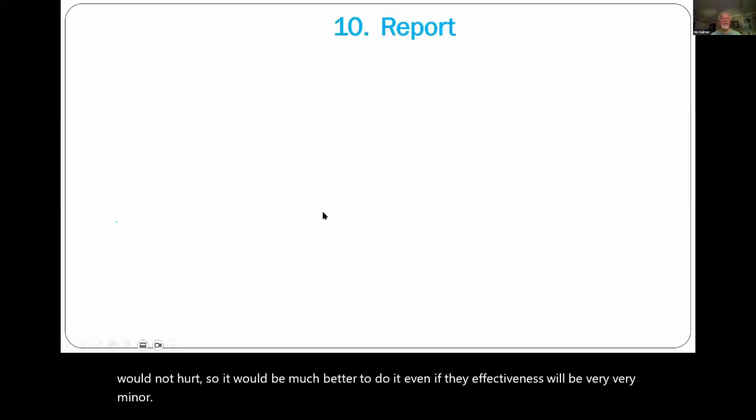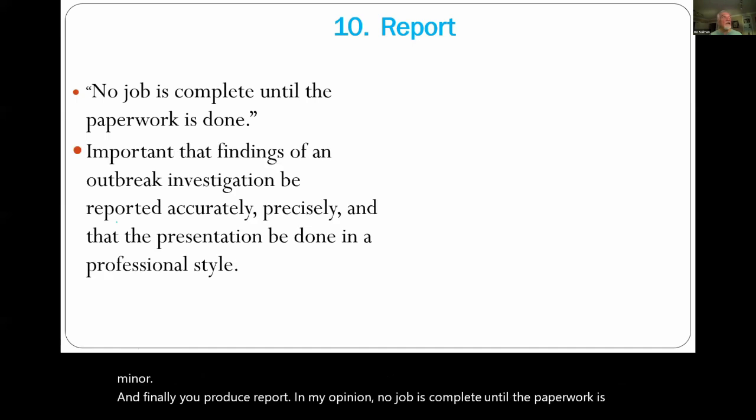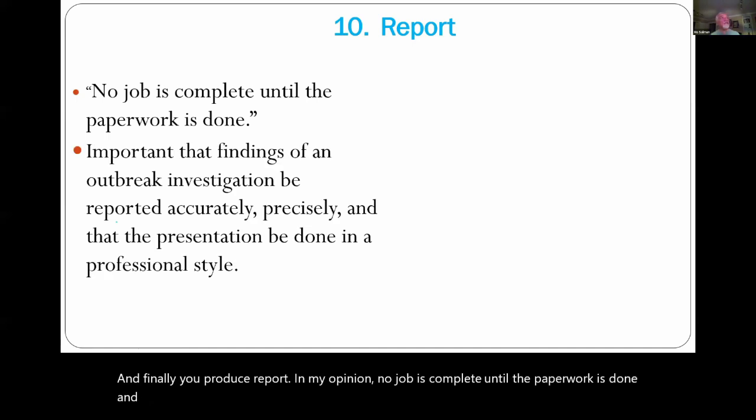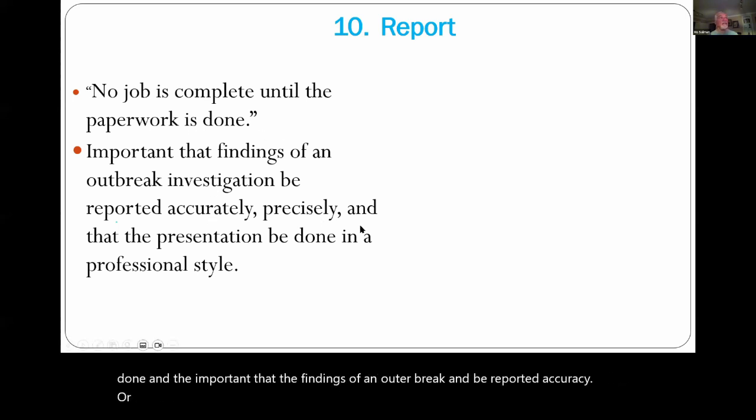And finally, you produce a report. In my opinion, no job is complete until the paperwork is done. It is important that the findings of an outbreak be reported accurately, precisely, and presented in a professional style.